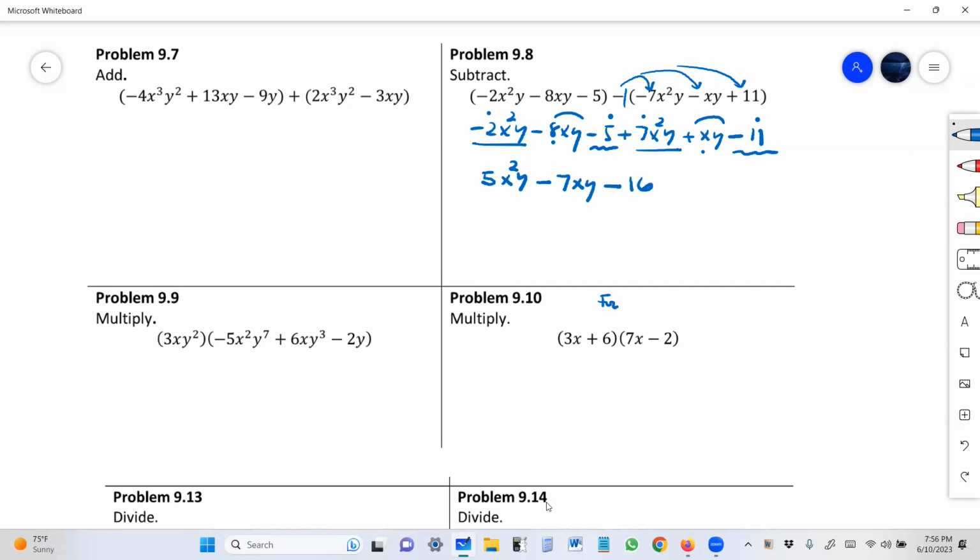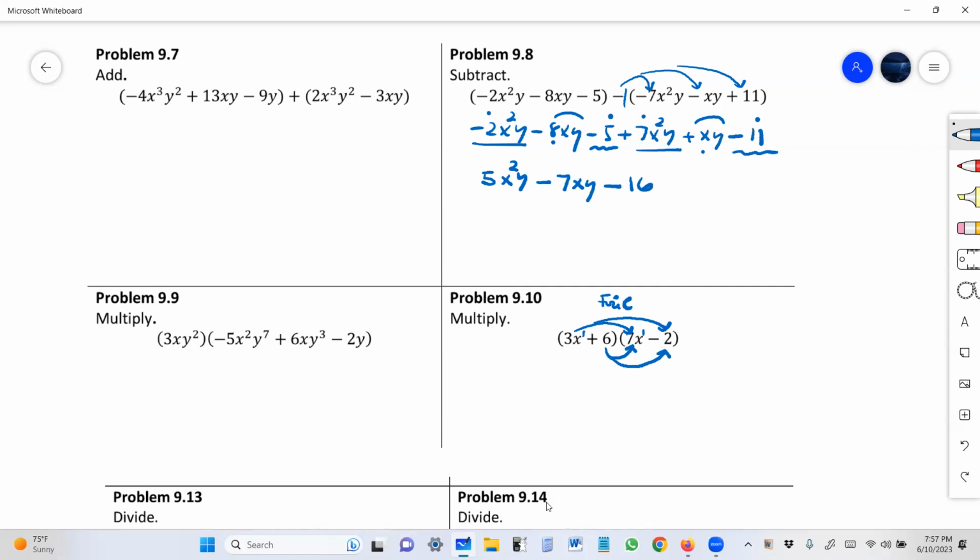All right, 9.10. This is foiling, okay? FOIL works this way. These two multiply, these two, those two, and those two. In multiplication and division, remember that we multiply the numerical part first and then the variable. And if you don't see an exponent, there's an invisible exponent of 1.